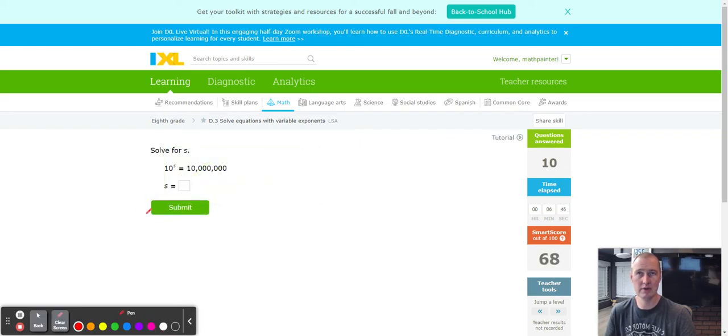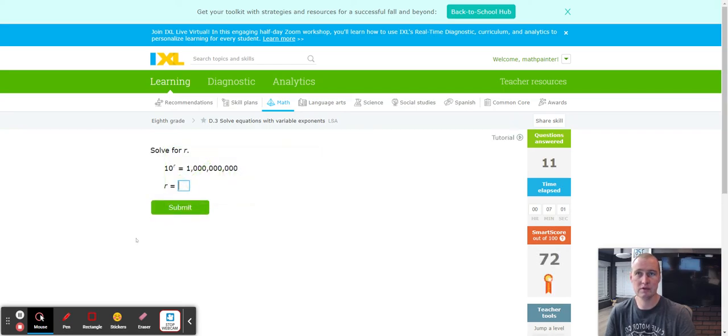All right, next up we got 10 to the s power. We have 1, 2, 3, 4, 5, 6, 7. So the 7th power on this one. Next up we got 10 to the r. Well, let's see.